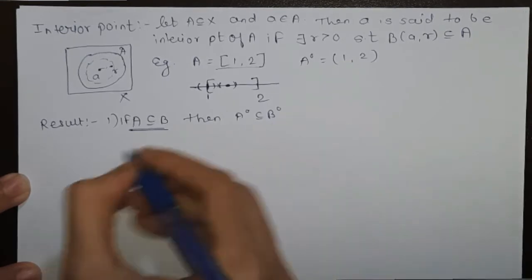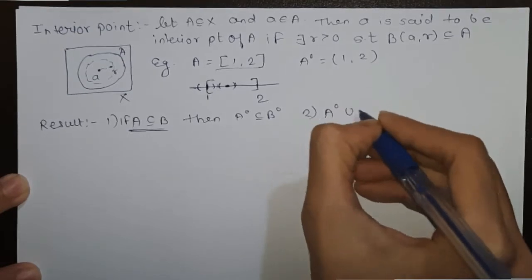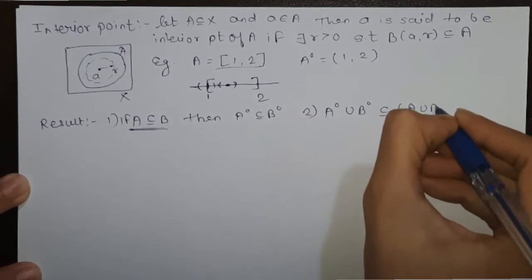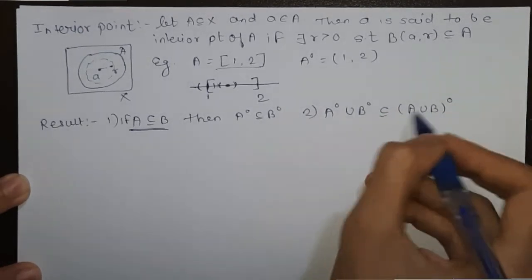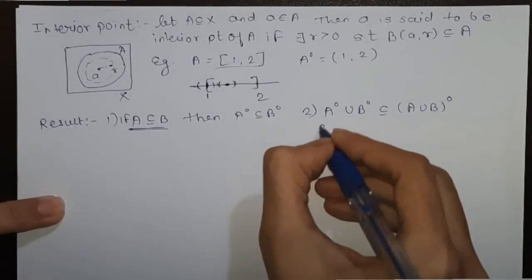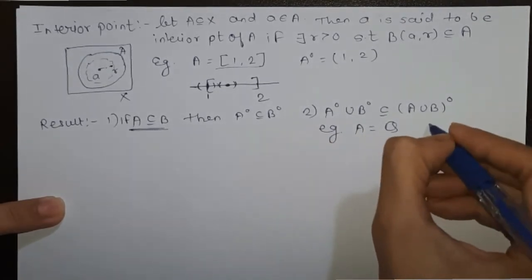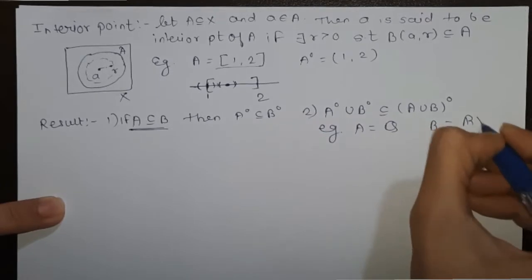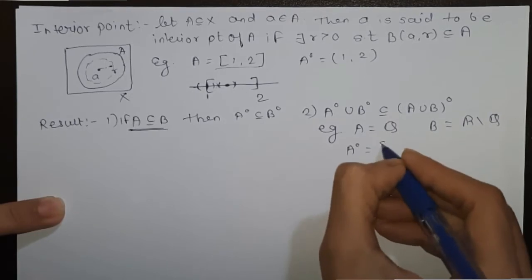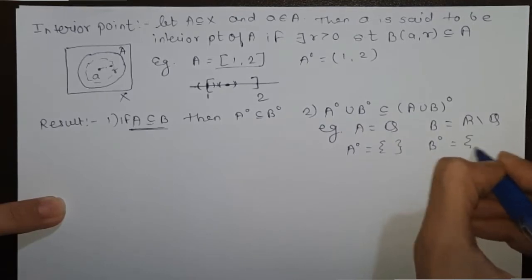The second result is, A interior union B interior is a subset of the interior of A union B. The converse of this result is not true. Take the example A equal to the set of rational numbers and B equal to the set of irrational numbers. Then the interior of Q is empty, and similarly B interior is also empty.